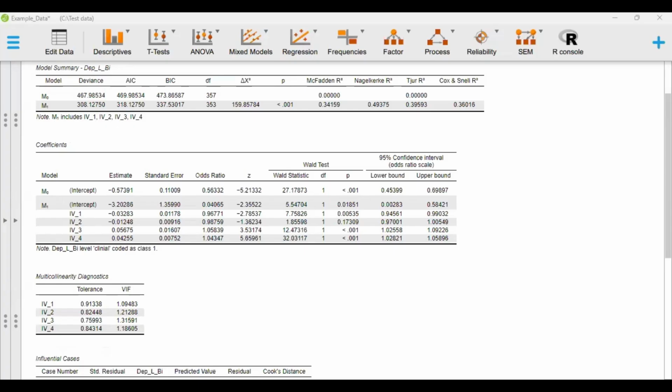So in this table, we start with estimate. Estimate means unstandardized regression coefficient for each of your independent variables. And in addition, associated with estimate, it is very important that you report the Wald statistic. Wald statistic is to check the significance of each regression coefficient and also odd ratios as well.